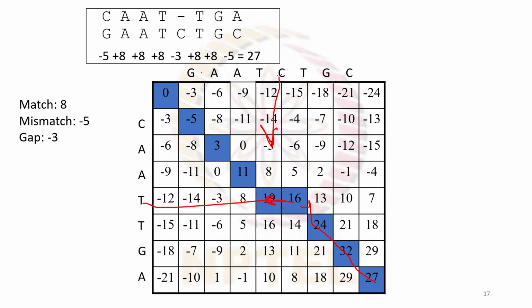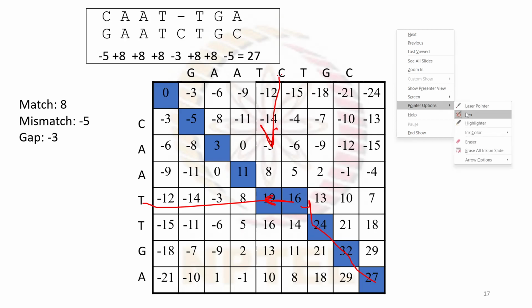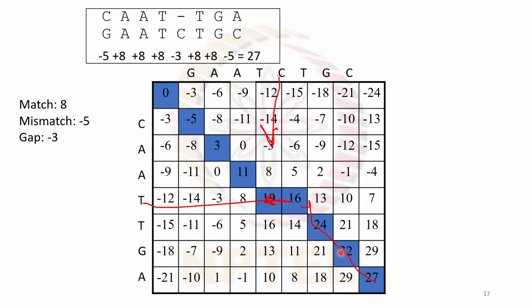Coming to the alignment score, the last value in this matrix is called the optimal alignment score, and this value can also be confirmed by calculating from the sequence.